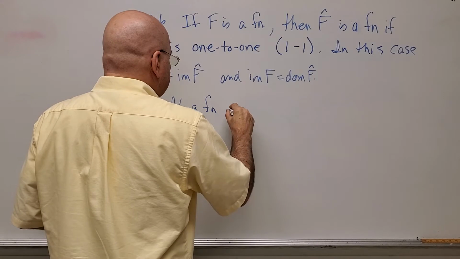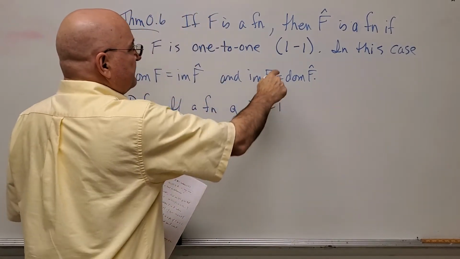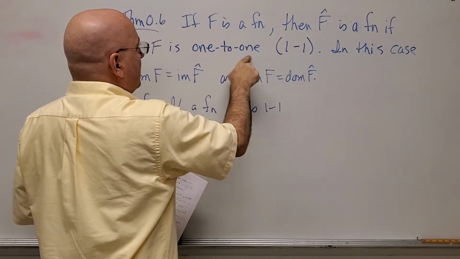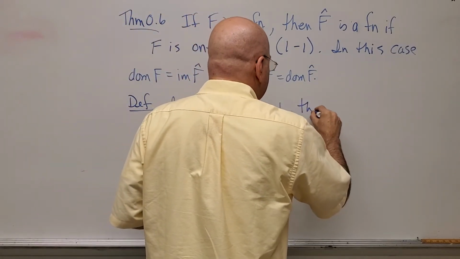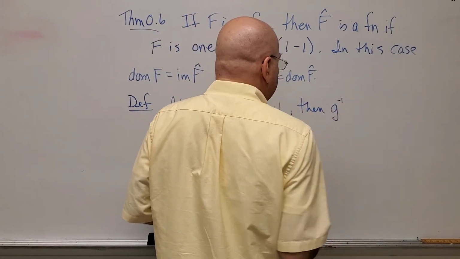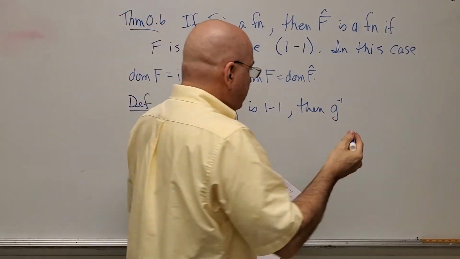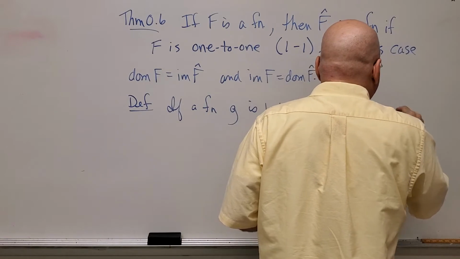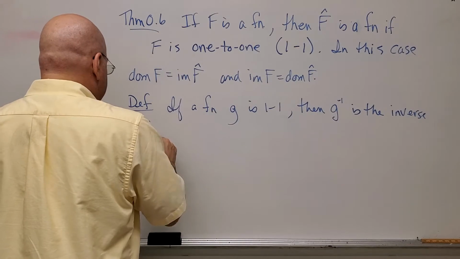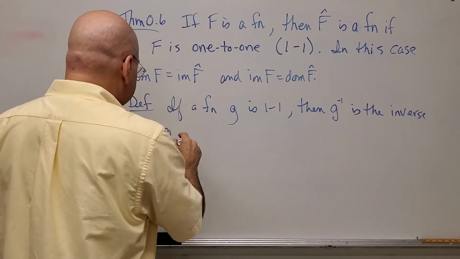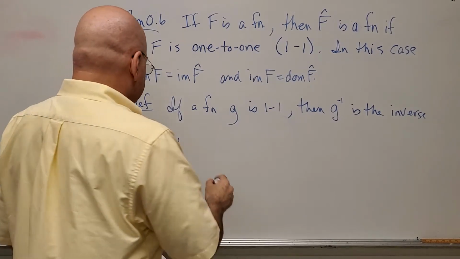If a function g is one-to-one, if I didn't mention it, this is my abbreviation of one-to-one, then g to the -1 exponent is the inverse of g. And also, g inverse is a one-to-one function.